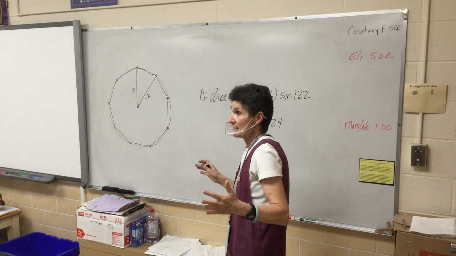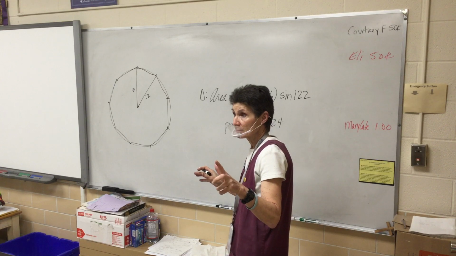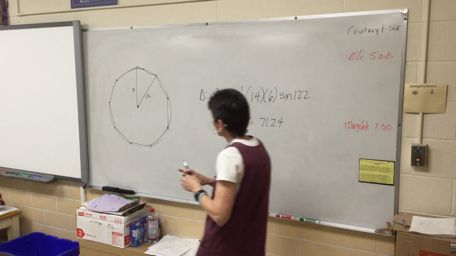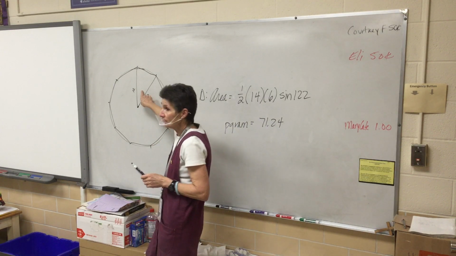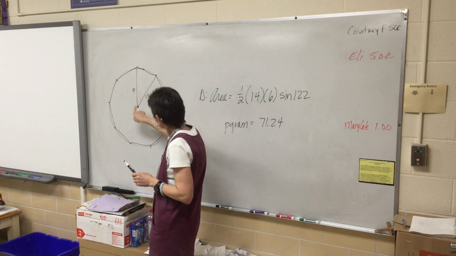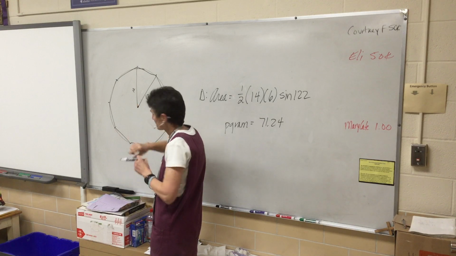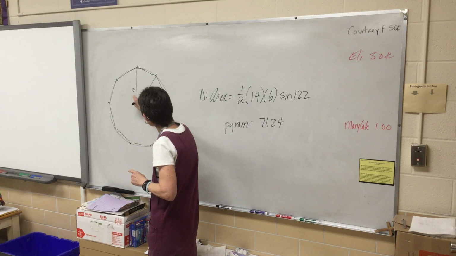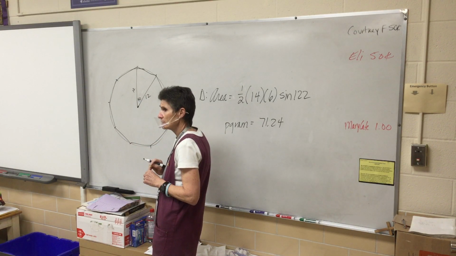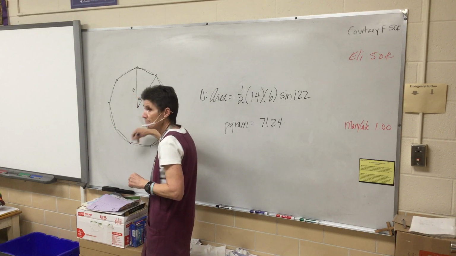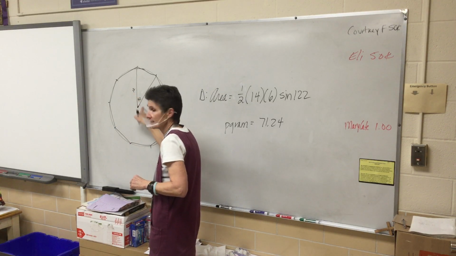Well, area is easy. We've talked about area already. Can I find the area of this triangle? 360. I need this angle, and it's going to be, what is that, 40? Yeah. Is everybody okay if I just write 40 in there? There's 9 of them, adding up to 360.